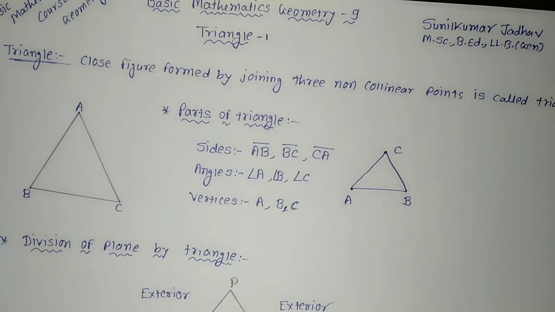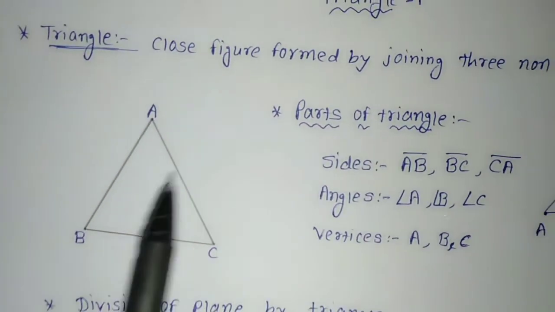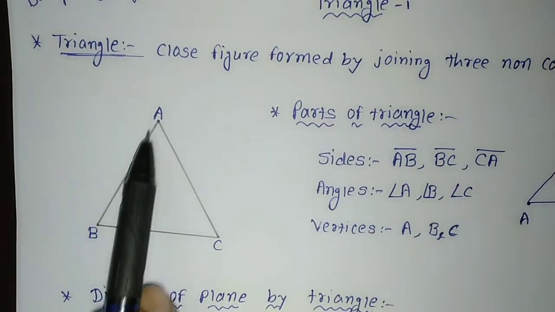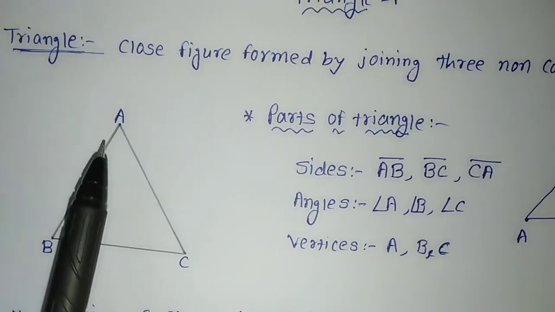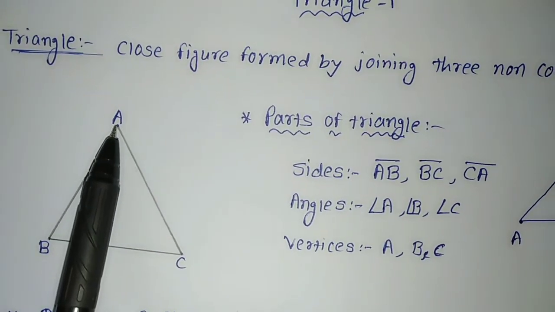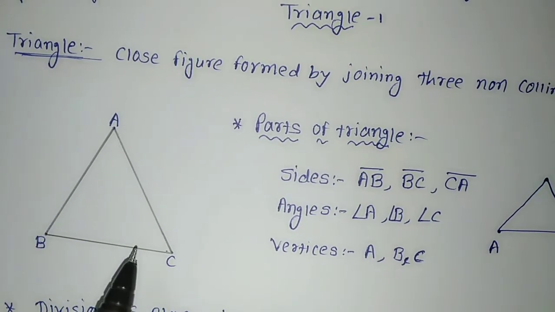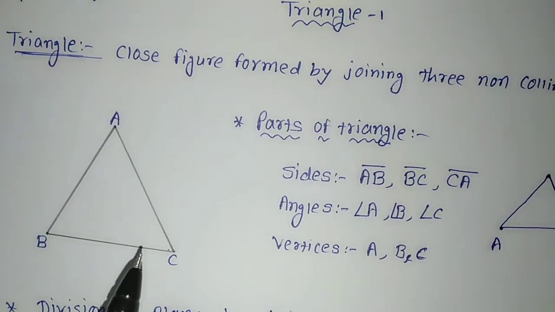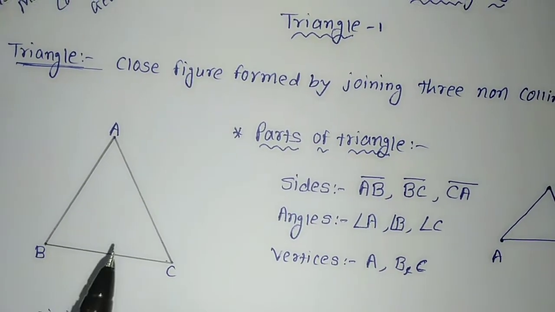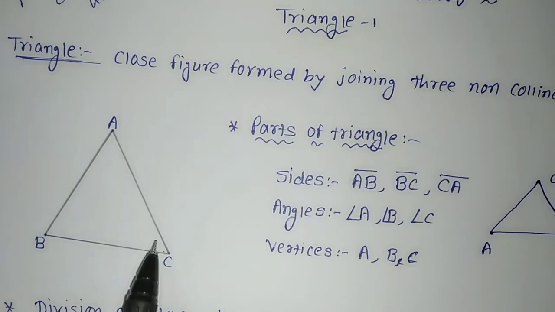Let us learn about the parts of the triangle. Here I have drawn triangle ABC. You can see this triangle ABC is formed by joining these three non-collinear points A, B and C. It has mainly three parts. First, this is line segment AB, this is line segment BC and line segment AC.